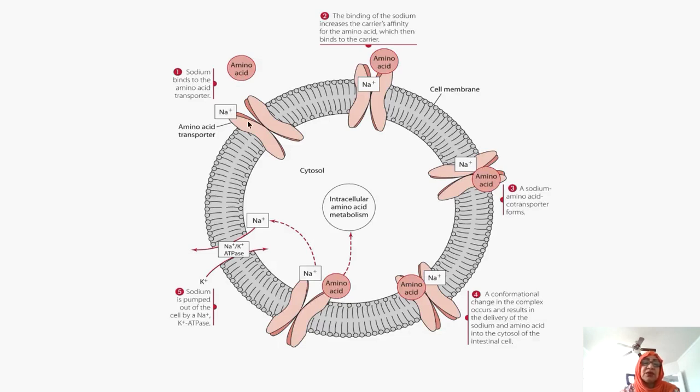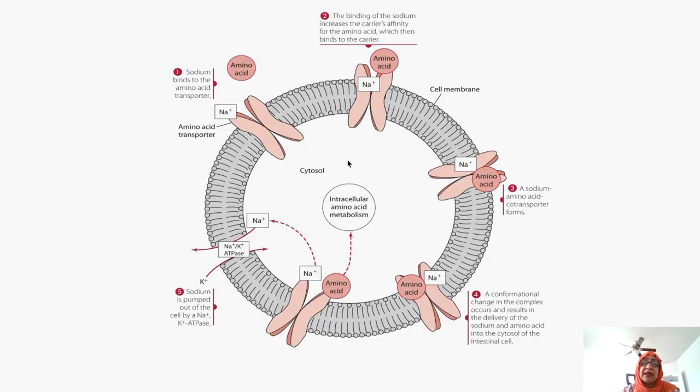So the sodium will bind to the transporter. What will happen? The transporter now is ready and stimulated to bind to the amino acid. Now sodium and amino acid are bound to the transporter, and they will make a conformational change. The transporter changes its structure in a way that allows both sodium and amino acid to enter the cell. Once we have the amino acid inside the cell, now the cell will decide what to do with it.